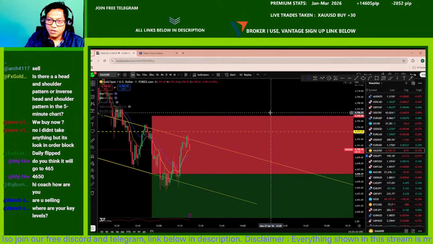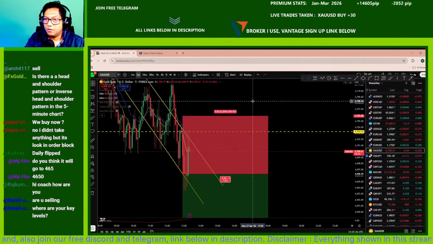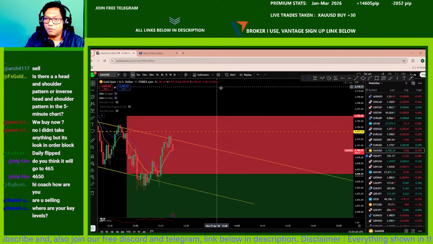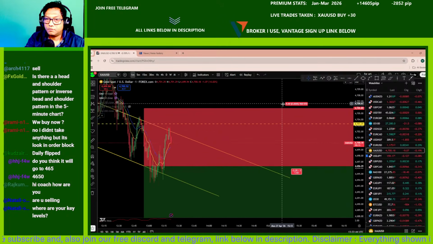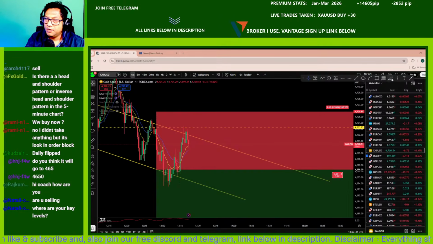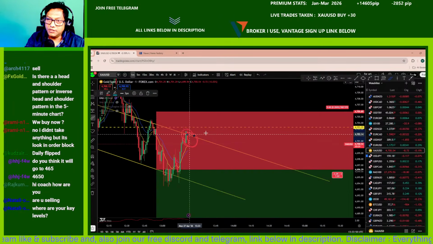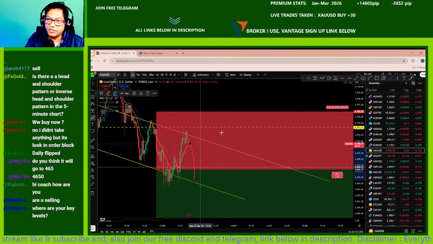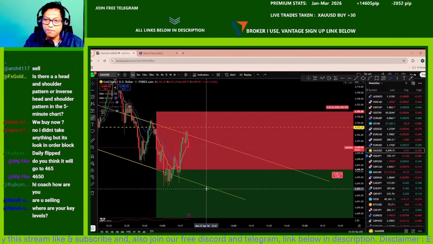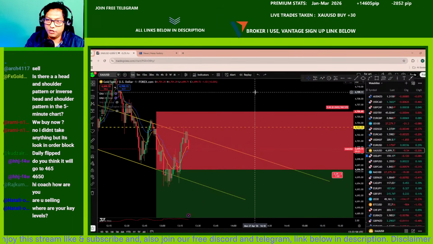So you see some downside movement. Here is a sideways movement in this area. It's a narrow consolidation, and I'm expecting the market to build its momentum back below to this support area here.